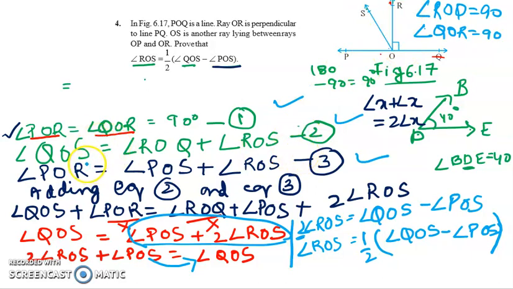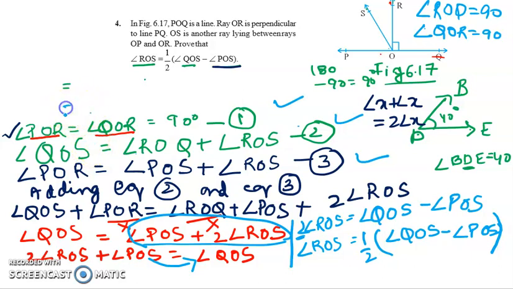Now adding 2 and 3. So add left hand side angle QOS plus angle POR, and on the right side angle ROQ plus angle POS plus twice of angle ROS. Now we already know that angle POR is equal to angle QOR. Angle POR is equal to angle QOR, same.